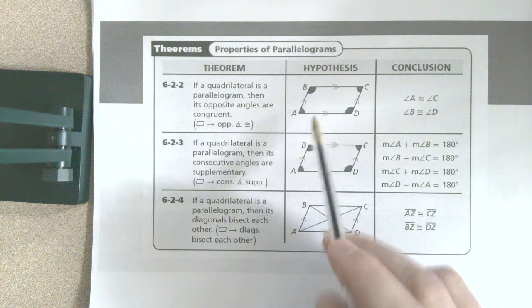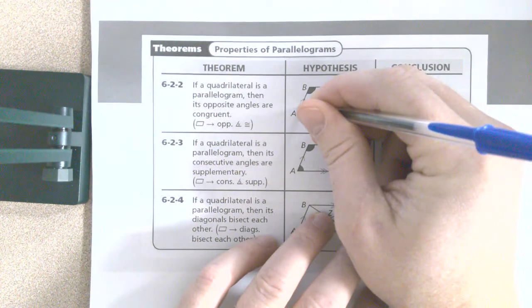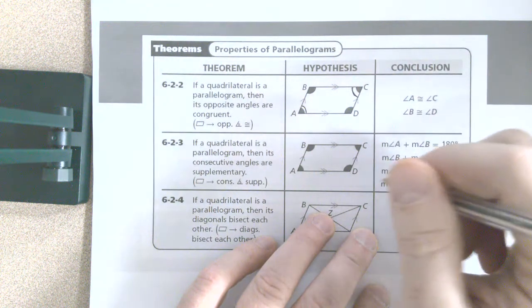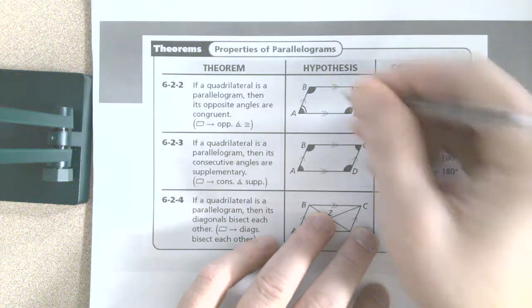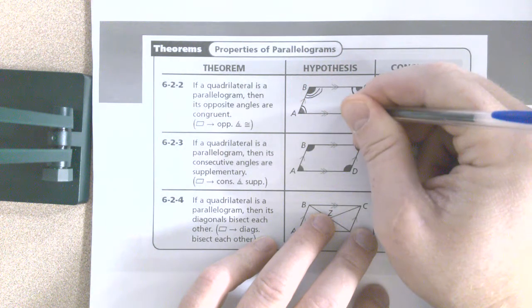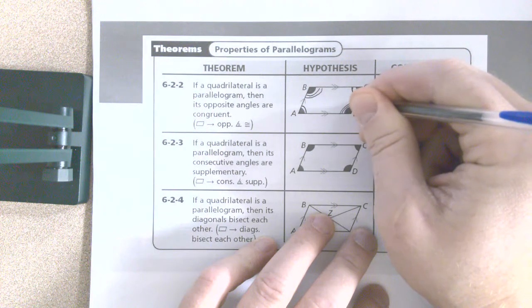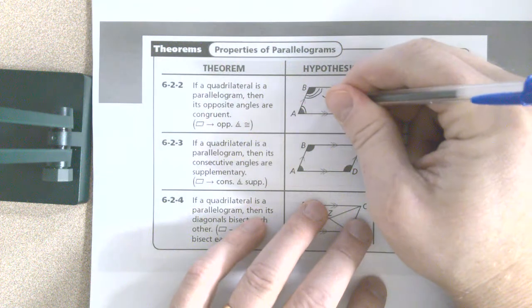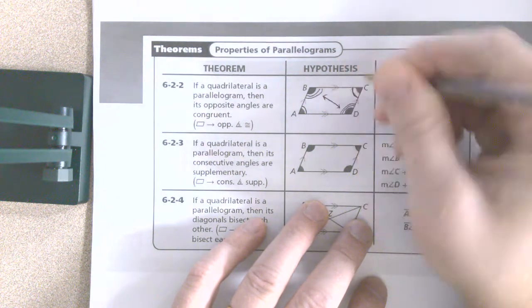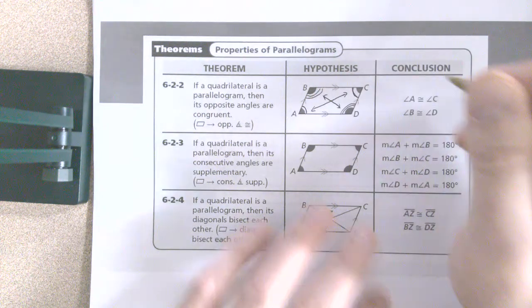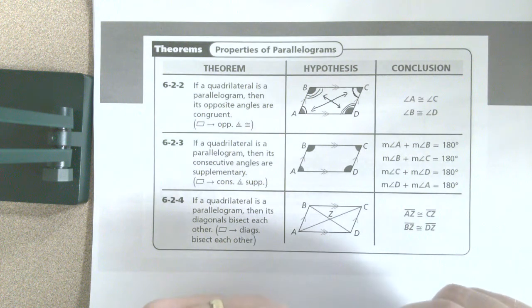So notice in this picture, angle A would be congruent to angle C, and angle B would be congruent to angle D. So again, when we say opposite, the angles that are diagonal of each other are going to be the same measure.